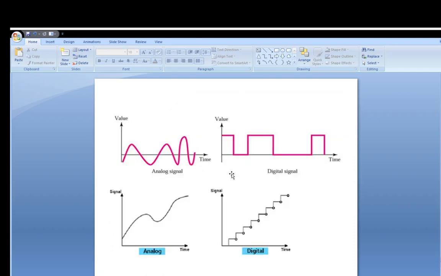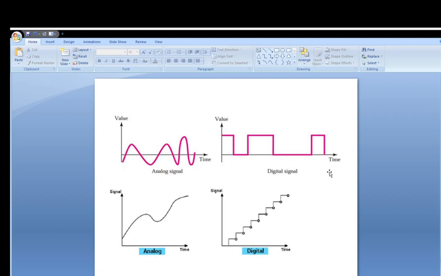Most of the time when it is asked what is analog signal, people say this is continuous signal. But from the figure we can see that digital signal is also a continuous signal because its value is defined for every moment of time.